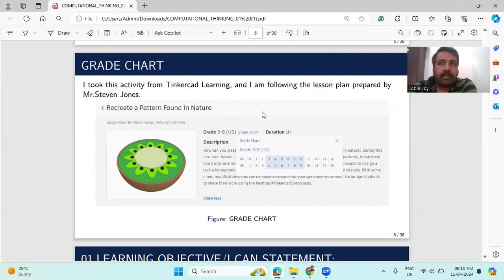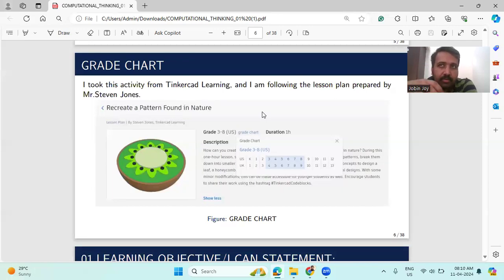In that Tinkercad Learning application, there are 18 activities purely related to design and technology, so that students can learn different concepts such as the basics of robotics, design thinking, computational thinking, mathematics, technology, creativity, and innovation. So this is a very powerful platform to learn different concepts.